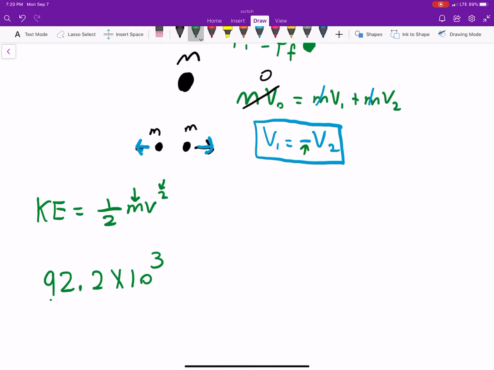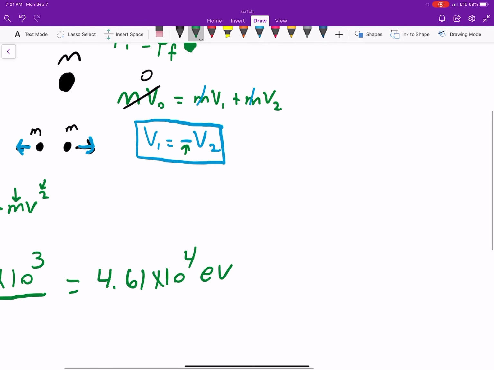And what we want to do there is divide by 2, because each atom is equally representing that. And if we do that, you should get 4.61 times 10 to the 4th electron volts.